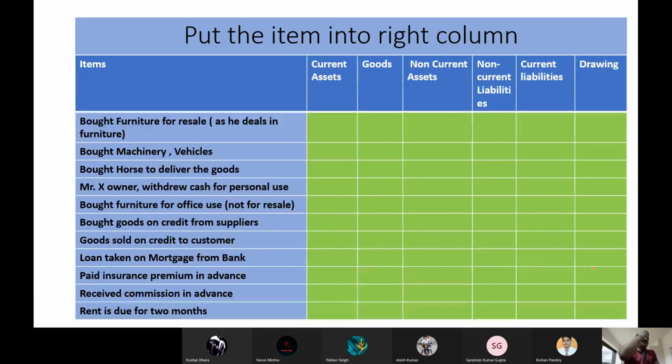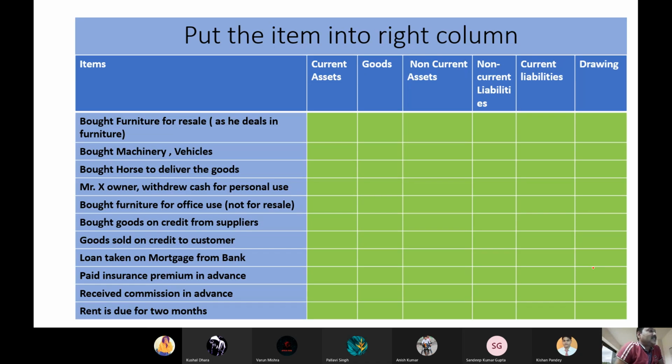And now this is the next slide in which you have to identify which one is current assets, goods, non-current assets, non-current liabilities, current liabilities and drawing. Right. So the first item is saying bought furniture for resale.